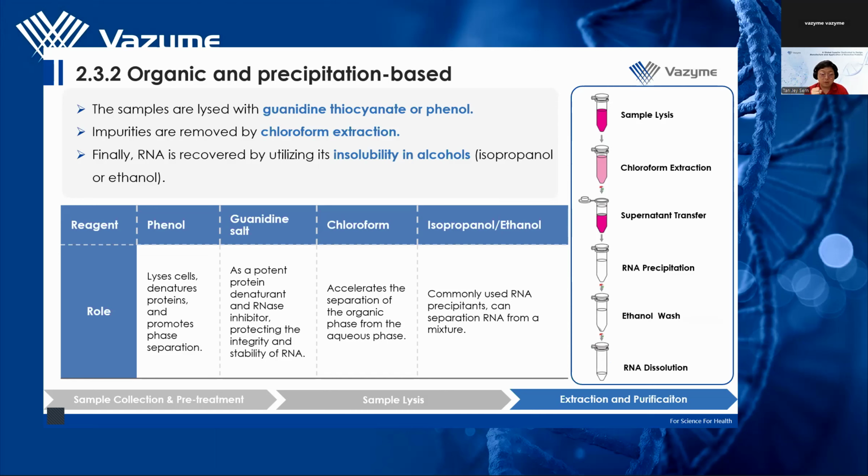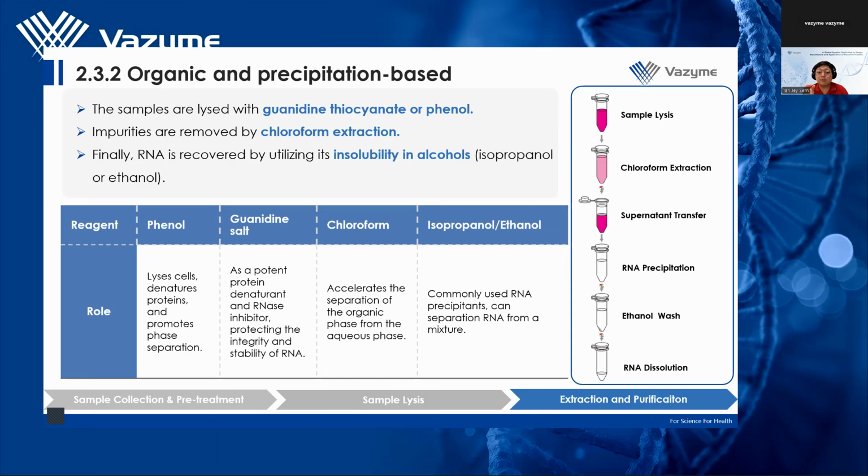Then we have chloroform, which is a heavy organic solvent that rapidly separates the organic and aqueous phases. It creates a three-layer solution with the upper aqueous phase containing primarily RNA, a middle white film layer with DNA and proteins, and a lower organic phase consisting mainly of chloroform and denatured proteins.